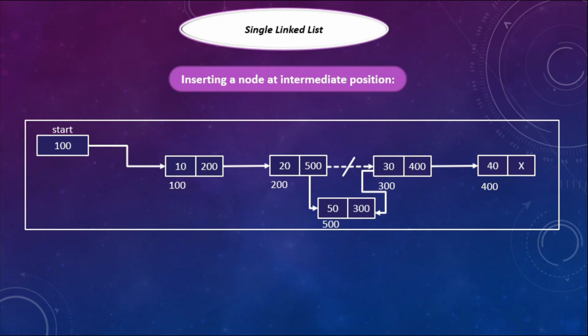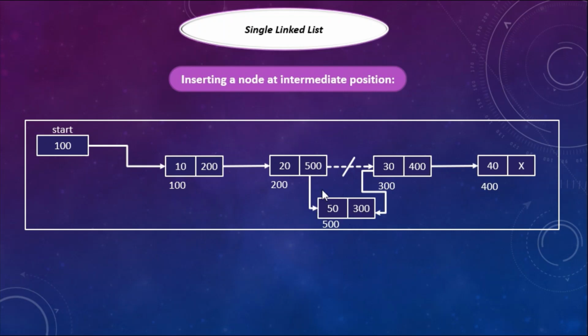So as we said, we are going to update the next field of the pre pointer. The pre pointer is pointing toward this node, and the next node of this pointer is this, and we are initializing this with our new node.